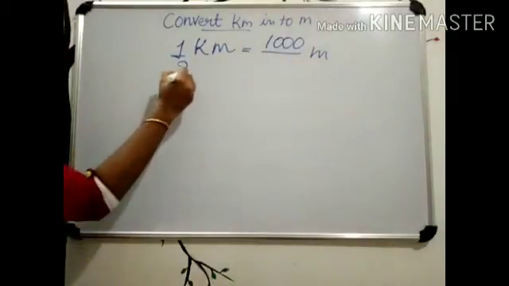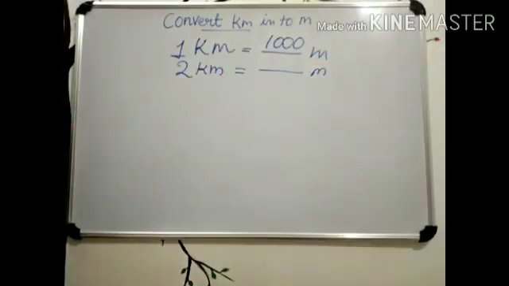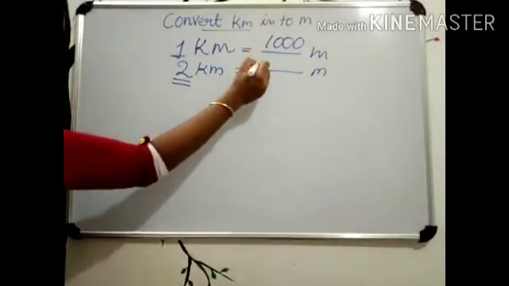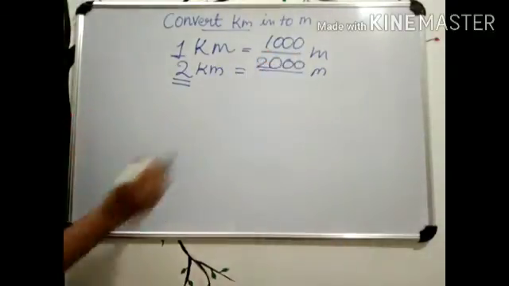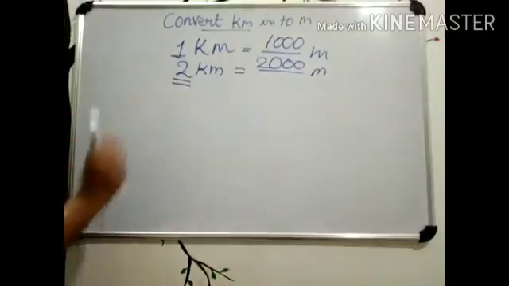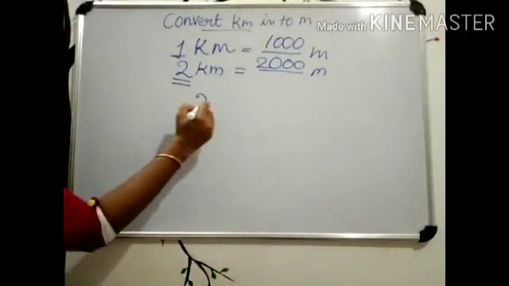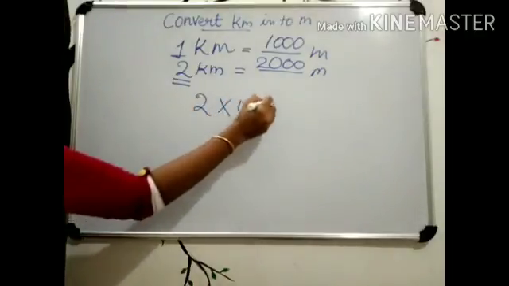So, see children, 2 kilometer, how much meter? How can we find out the answer? Yes, you first write this number, that is 2, and then you should add 3 zeros to the right. Do you know why? Yes, to convert kilometer into meter, you should multiply that number by 1000.